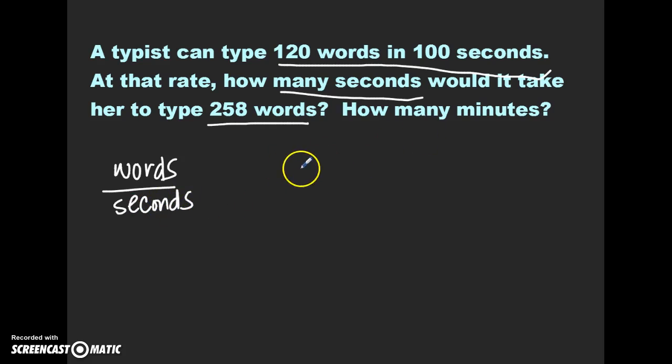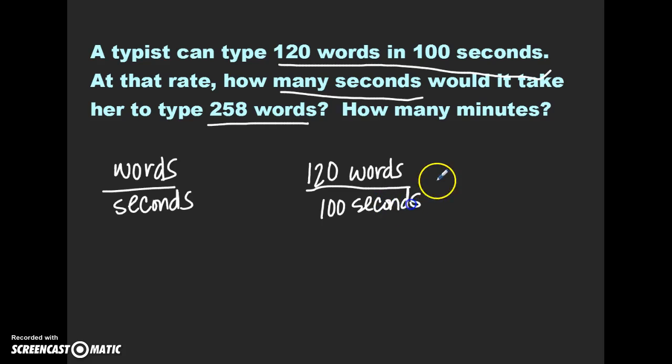Okay, so now if I put my proportion together, my first situation, I have 120 words in 100 seconds. My second situation, we don't know the number of seconds this time, but we know how many words, so we have it in the numerator this time, not the denominator, which is fine.